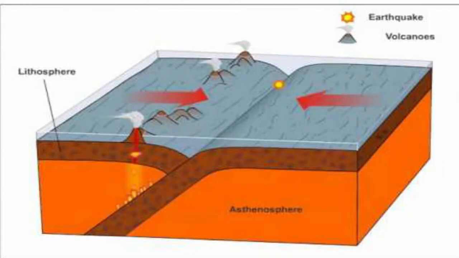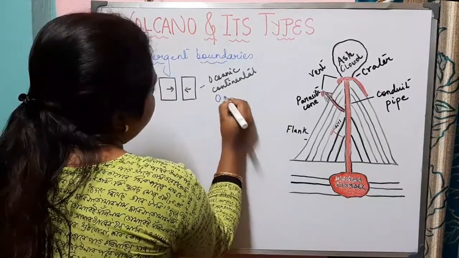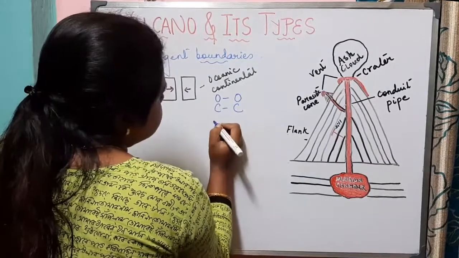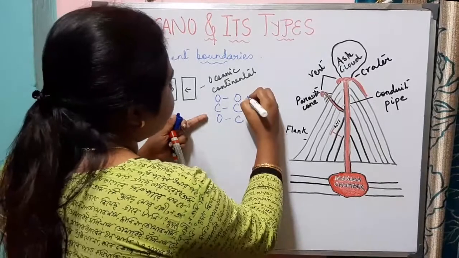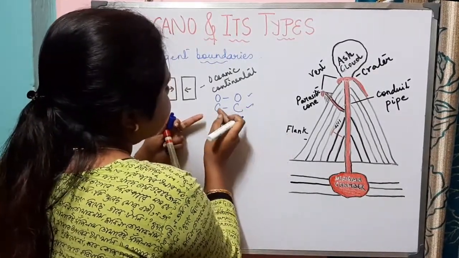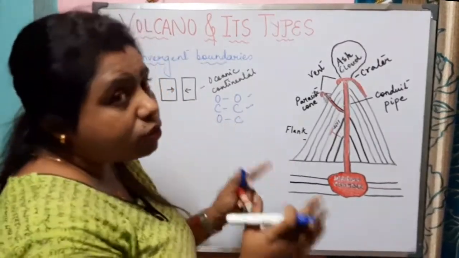As I said, the plates can be oceanic and continental. So there can be movement of plates between oceanic and oceanic, continent and continent, and oceanic and continent. When there is movement of oceanic and oceanic, or continent and continent, something will form, like when continent and continent meet, a mountain can form.